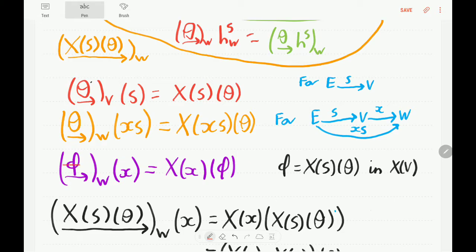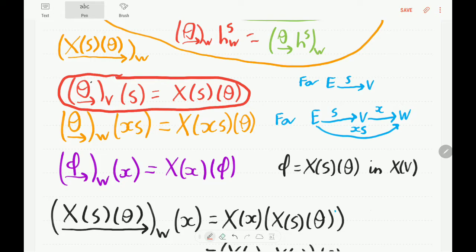Okay, well, a very similar formula will hold, of course. But in this case, we're really applying this component of this natural transformation to S, which was an element of Hom E comma V. Here, we're applying this W component of phi under arrow to X, which is going to be an element of Hom V comma W. Okay, but basically what we do is just the same.